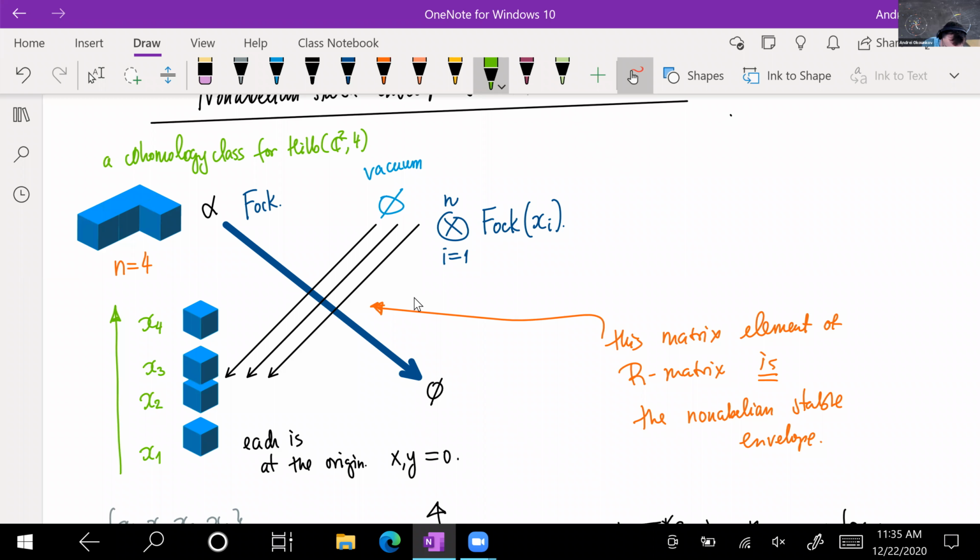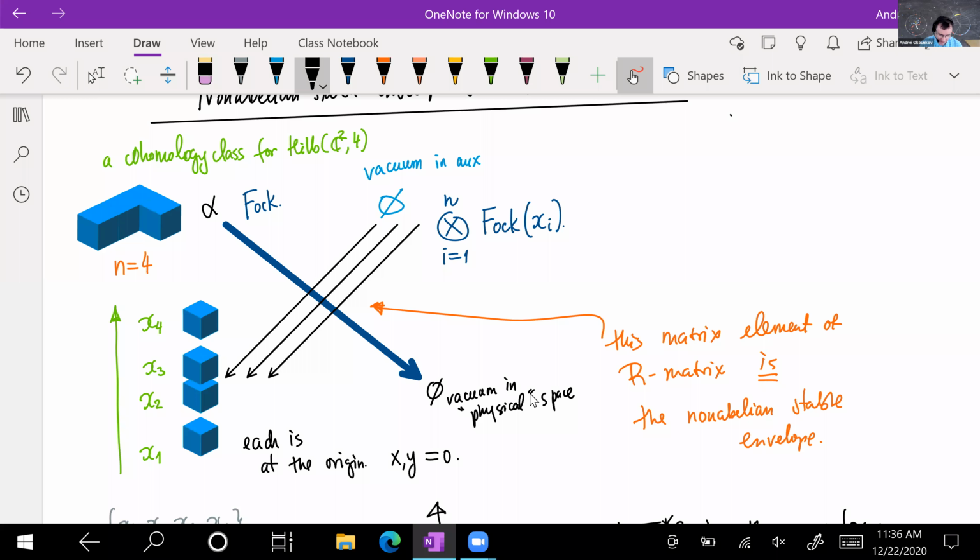On the other side we would like to have a vacuum: here's the vacuum in our space, the vacuum in auxiliary space, and this is the vacuum in, so to speak, physical space.